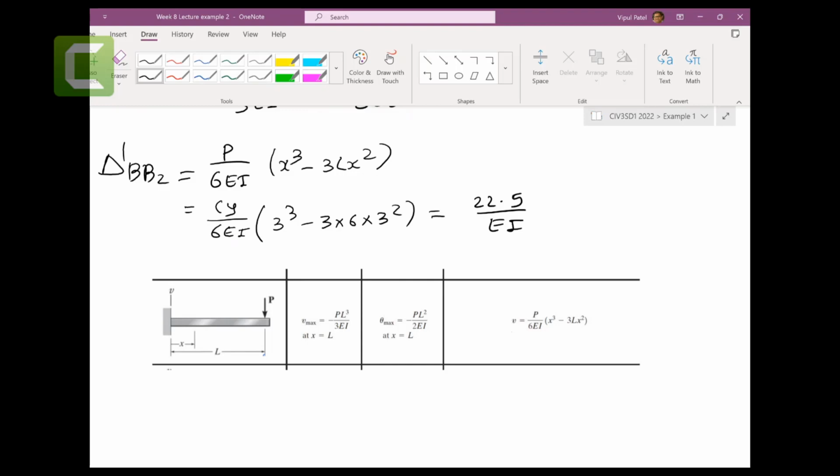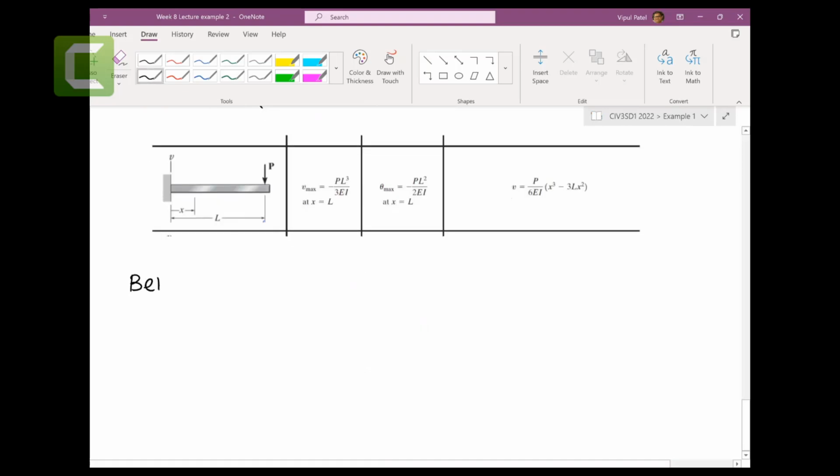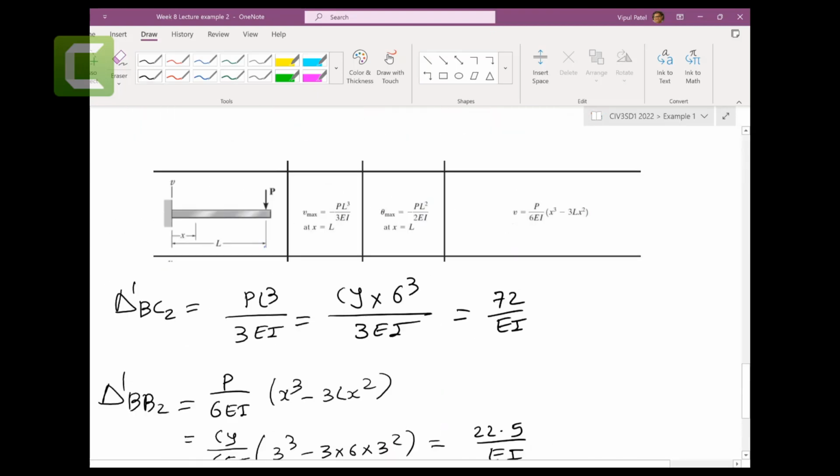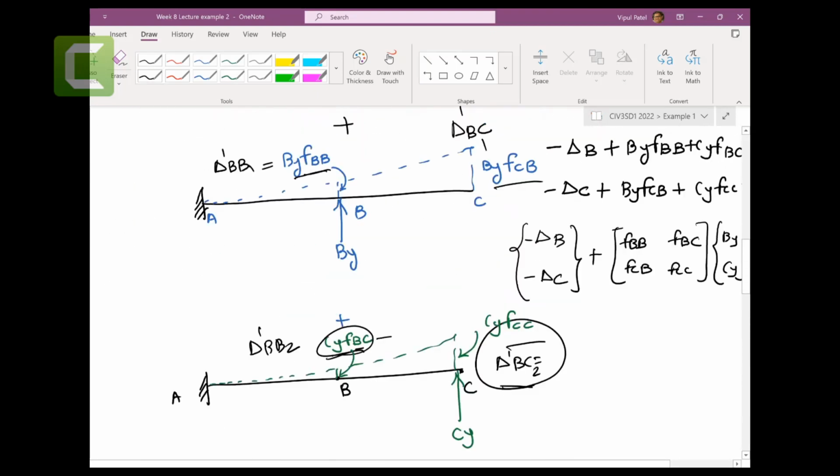Now there is a simple rule, Betti's law, from structural analysis. What is Betti's law telling us?